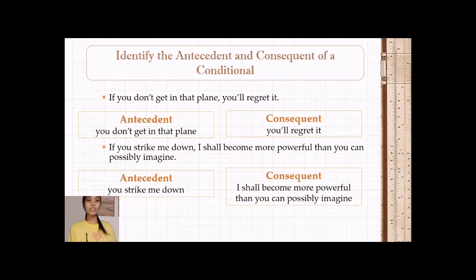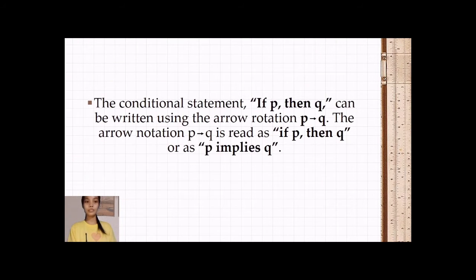The antecedent is, you don't get in the plane, and the consequent is, you'll regret it. Third example. If you strike me down, I shall become more powerful than you can possibly imagine. The antecedent is, you strike me down, and the consequent is, I shall become more powerful than you can possibly imagine.